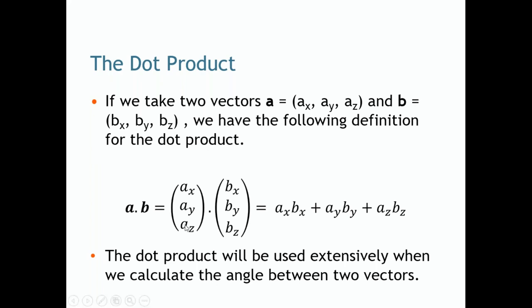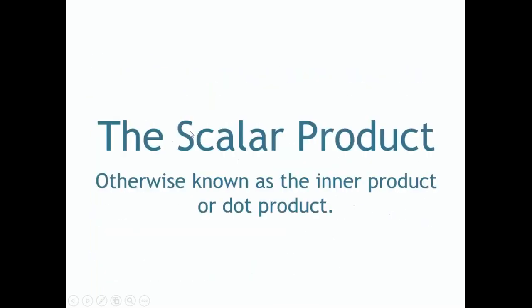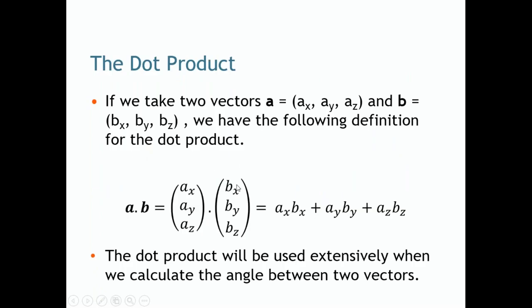A dot B is (AX, AY, AZ) dot (BX, BY, BZ), and when you multiply them, we have AX BX, AY BY, and the third component AZ BZ, which is what we have here.